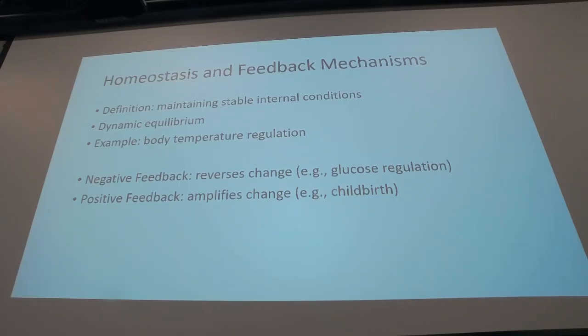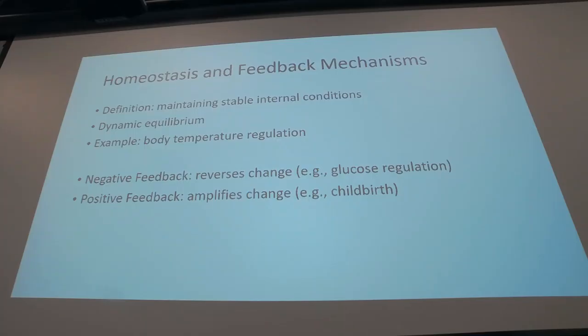As long as it is found within the range, there is no problem. So that's why it's called dynamic equilibrium. An example is the regulation of body temperature, which we can have normal variation within 1 degree Celsius around the normal body temperature.